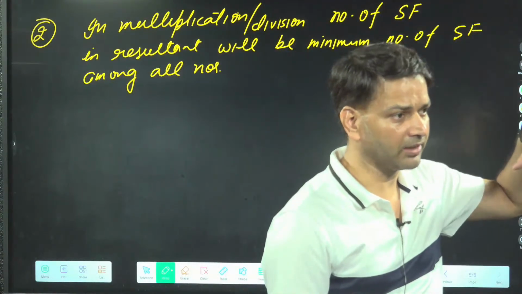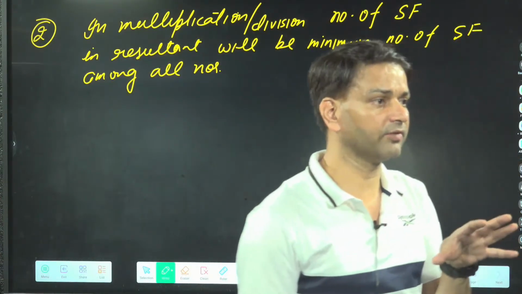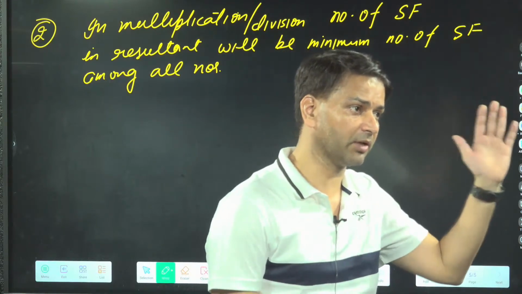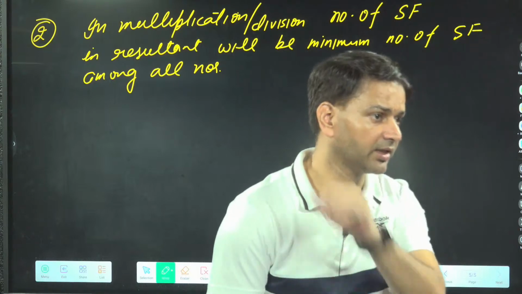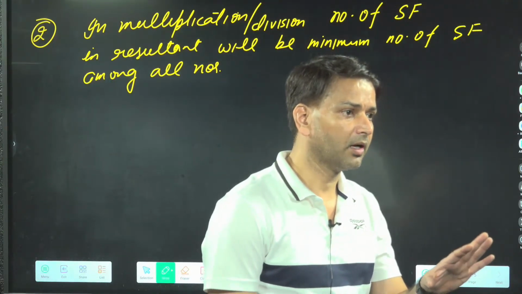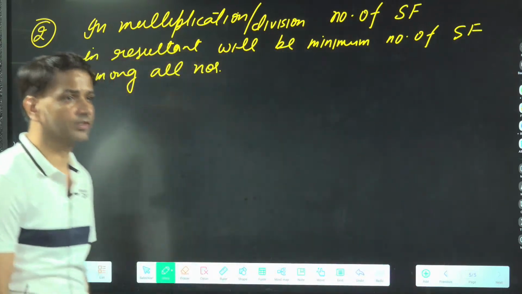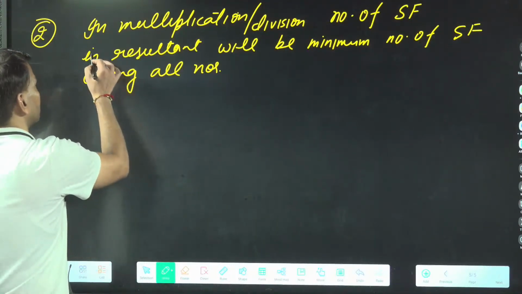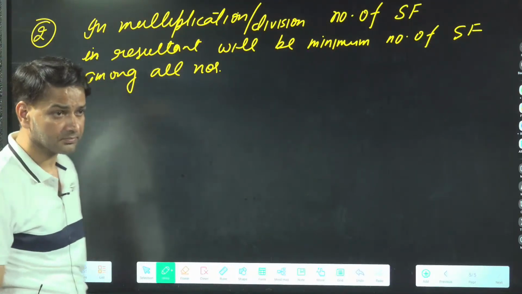So when I am multiplying them, what number of significant figures will I take? One has 4, one has 3. So whichever is the minimum, that we will take in the resultant. So the resultant will have 3 significant figures. Understood? So in multiplication or division, the number of significant figures in the resultant will be the minimum among all the numbers. Okay?